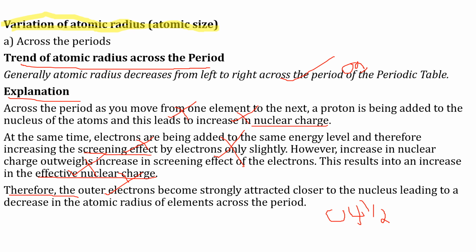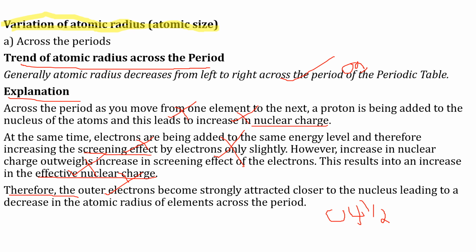So let's start the explanation. Across the period, as you move from one element to the next, a proton is being added to the nucleus of the atoms. That's from one element to another. And as you're adding protons, that means that you're leading to an increase in nuclear charge.